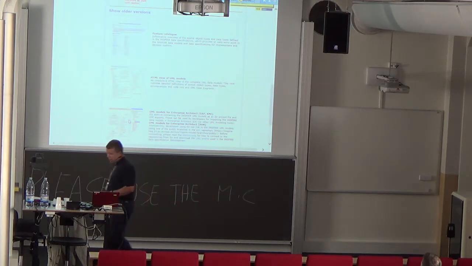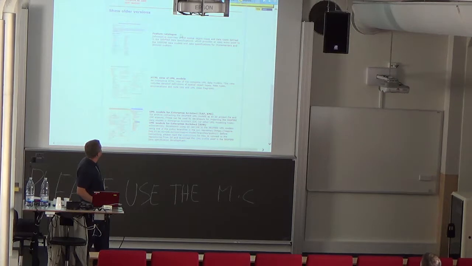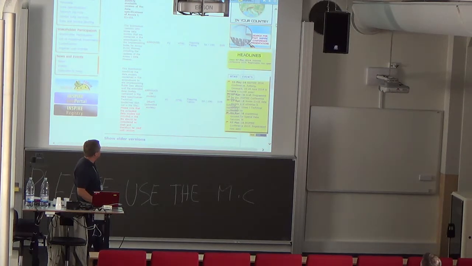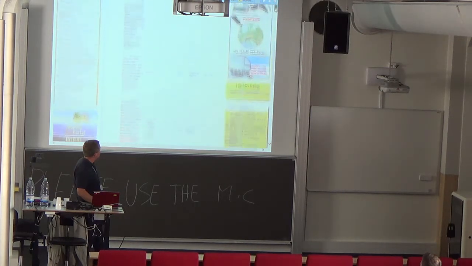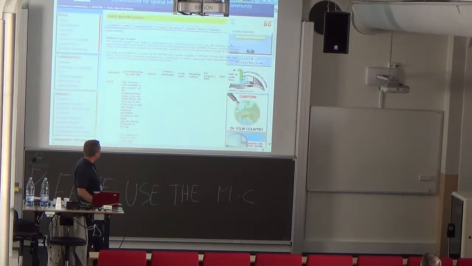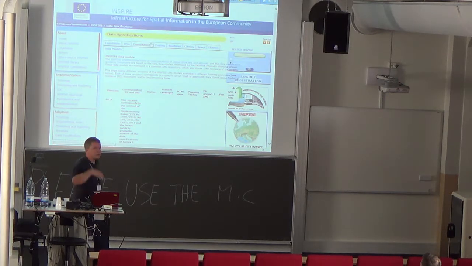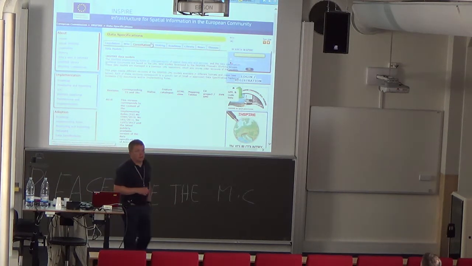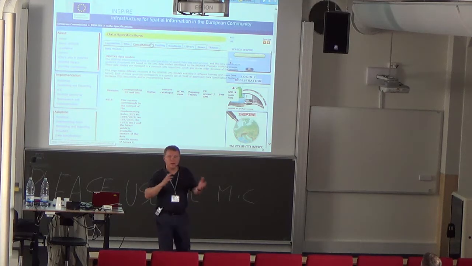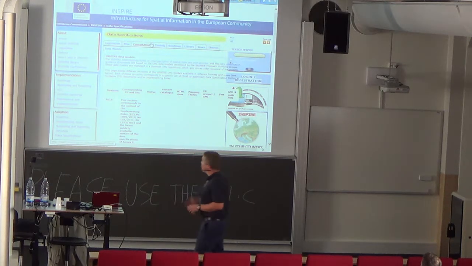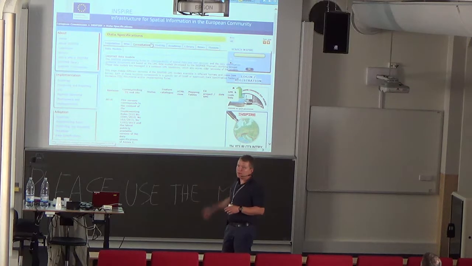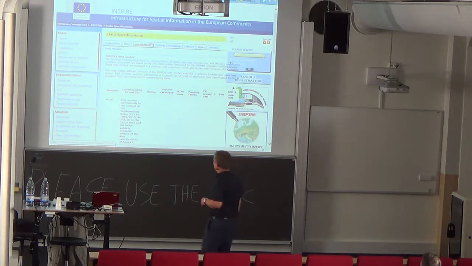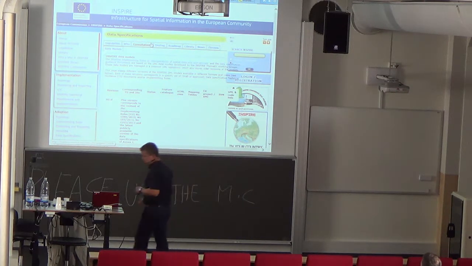There is a lot of other information available here, so it's up to you when you have time, but probably all of you already visited this site. The idea was only to show you where you can find the information that you need for your implementation.